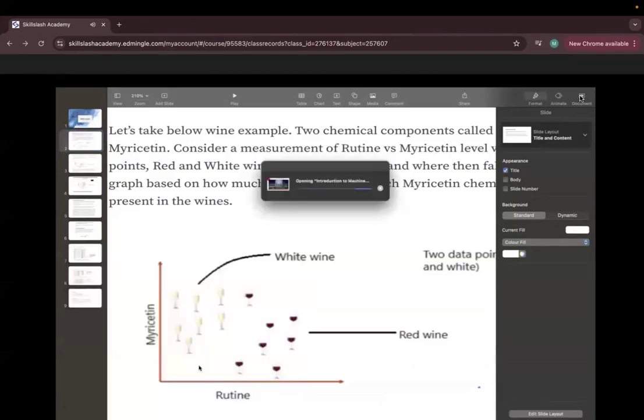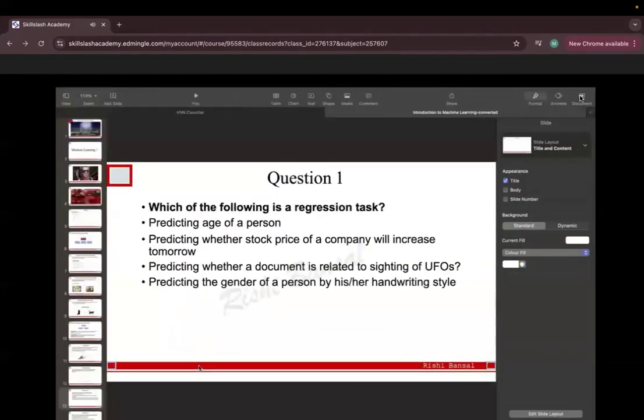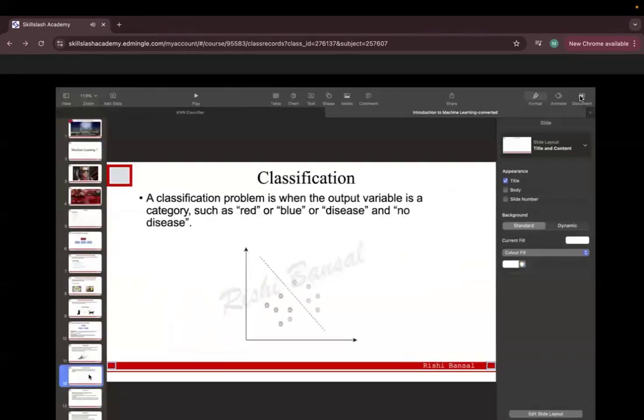Introduction to machine learning. If you remember, this was the PPT which we went through on day one. You can see this is the classification. The classification problem is when the output variable is a category, such as red, blue, disease. Here you can see the red category is coming here, the green category is coming here. Now you will ask me why this one data point is coming into the red category.